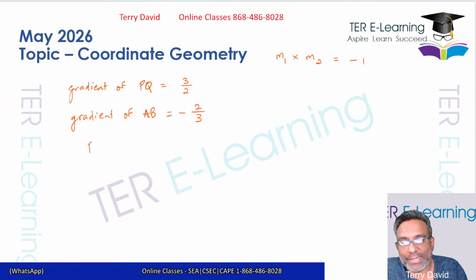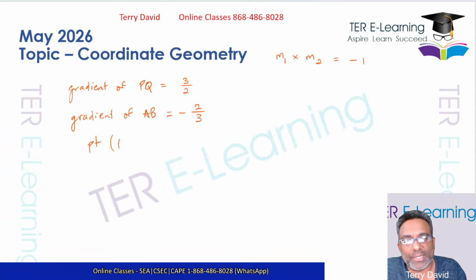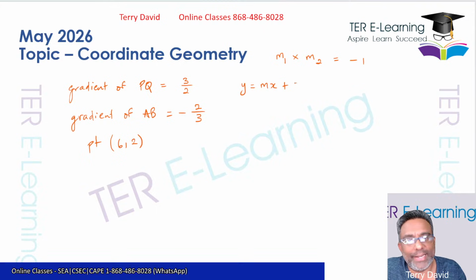We also know that the line AB passes through the point (6, 2). So here's what we know. The equation of the straight line is going to be y is equal to mx plus c, for the line AB. The gradient is -2/3, so y is equal to -2/3 x plus c.